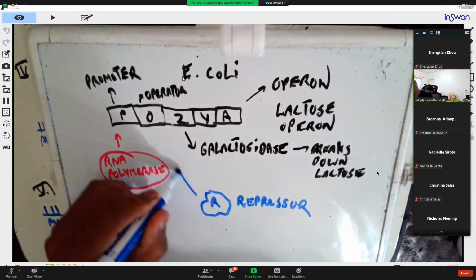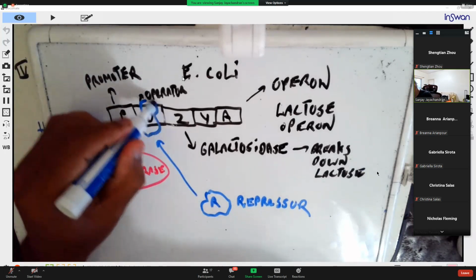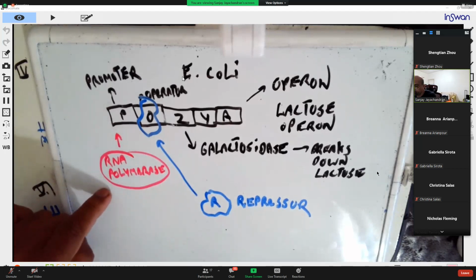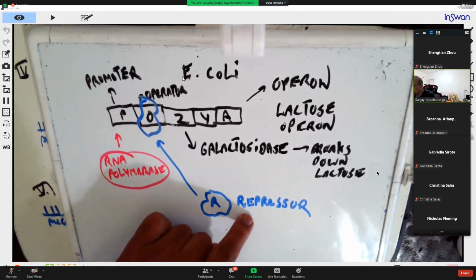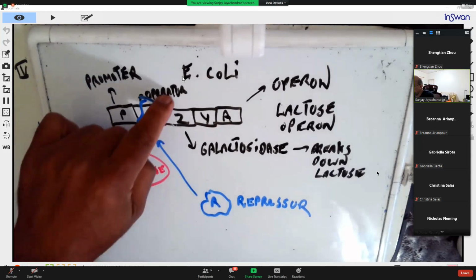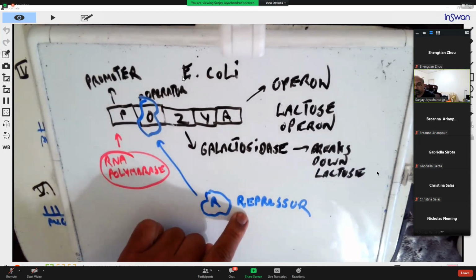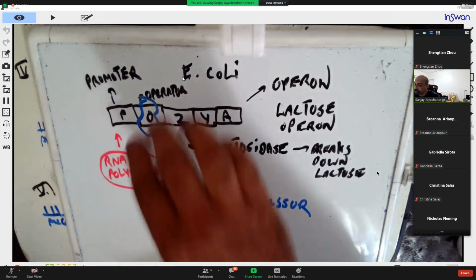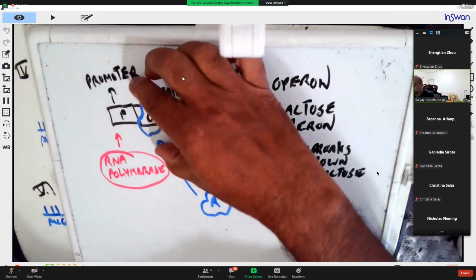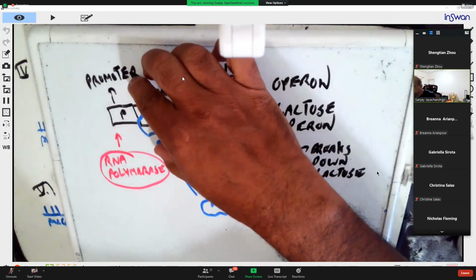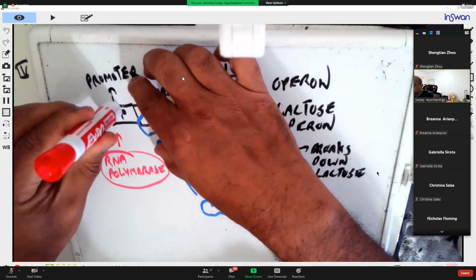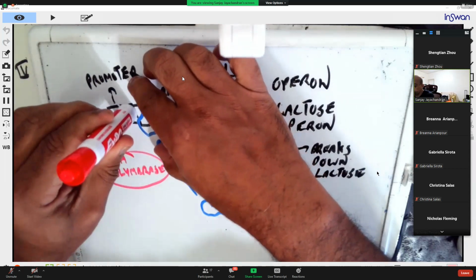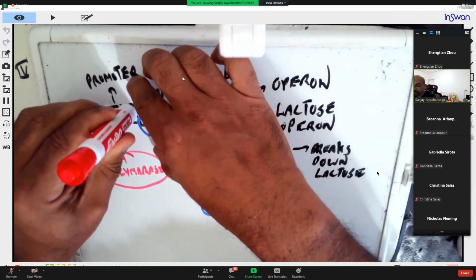It's going to go and sit on the operator. Just like the promoter was a landing pad for this enzyme, the operator is a landing pad for the repressor. Let's say the repressor is over here, and the polymerase is over here. The polymerase can't move this way to transcribe because the repressor is physically blocking it.